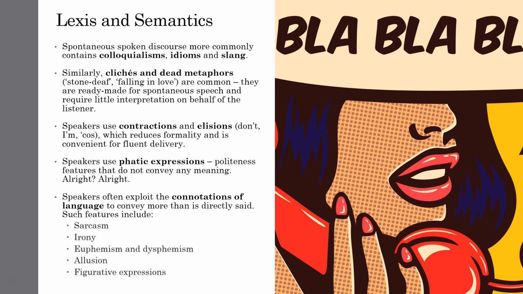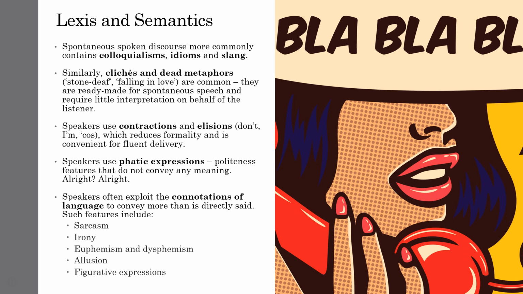Mixed mode texts: we did look before at what you might call group chat and how this combines features of spoken language and written language. Emojis are little extra-linguistic units of meaning. They're not language themselves, but they convey what a facial expression would convey in spoken language.